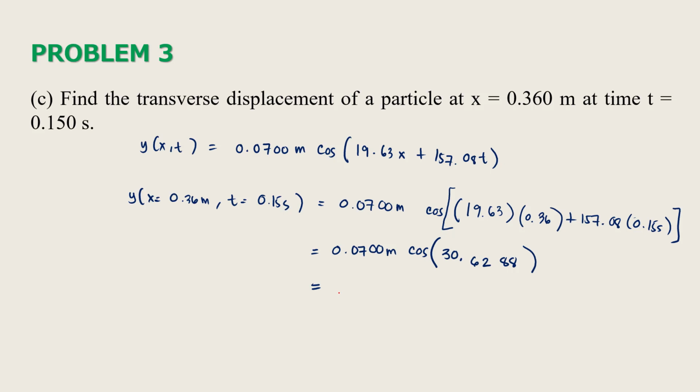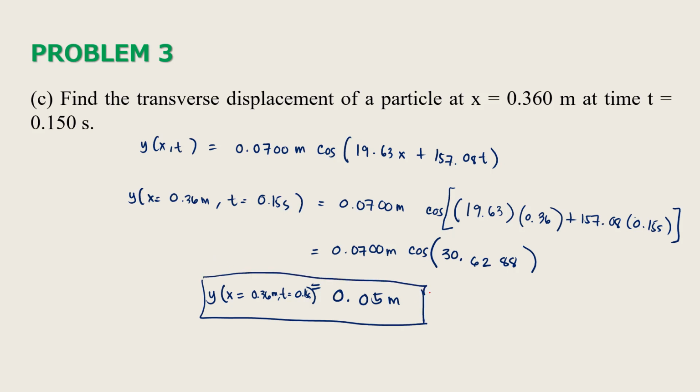So therefore, we will obtain 0.05 meter. So this is for y of xt, where x equals 0.36 meter and then t equals 0.15 seconds. So this is the transverse displacement of the string.